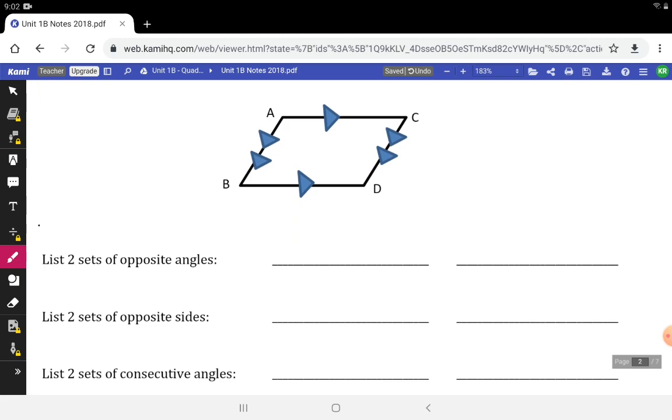So we want to list two sets of opposite angles. All right, so the opposite angles would be angle B and angle C, as well as angle A and angle D. They're literally opposite one another.